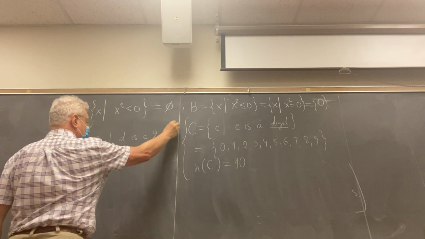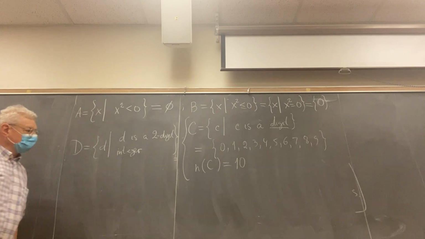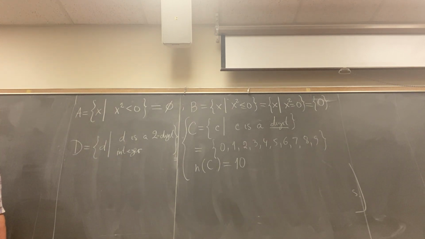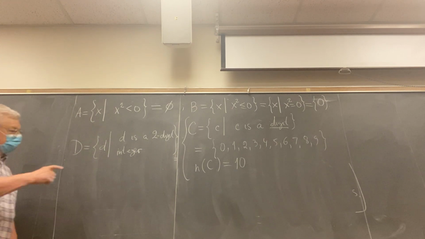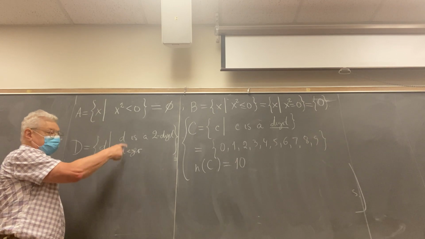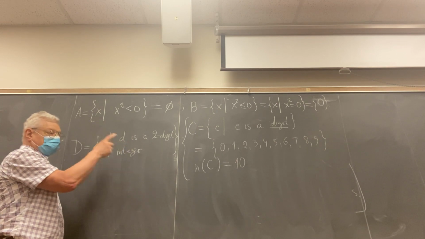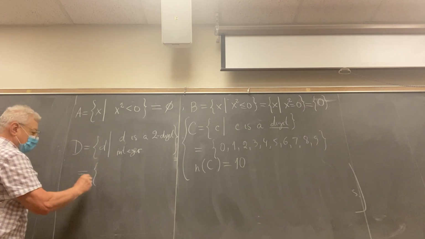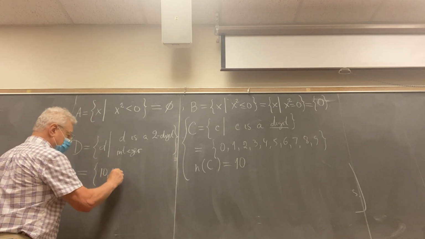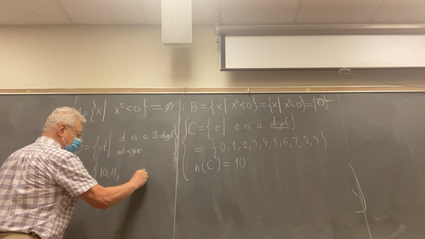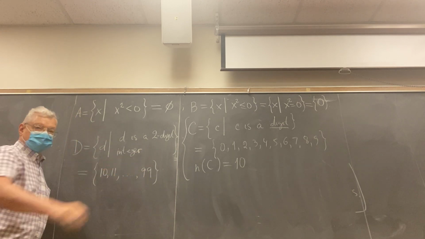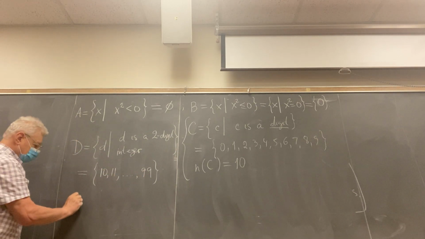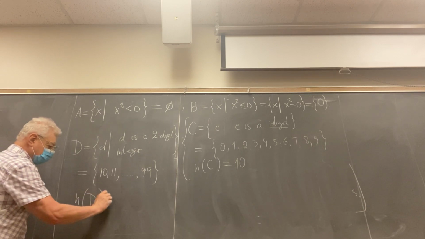You see, I described only one integer, and I say that if some element is in here, it must be a 2-digit integer. So what is the description? It will be 10, 11, finally 99. All of those. Now, what is the cardinality of D?